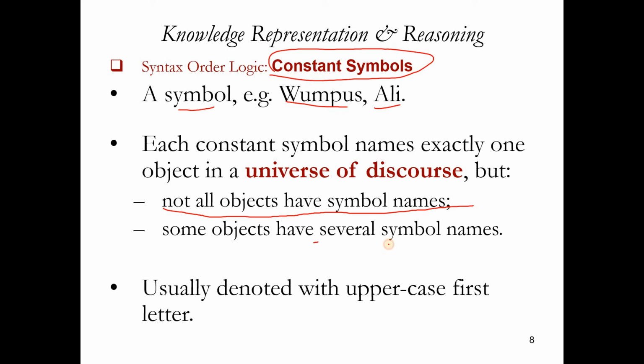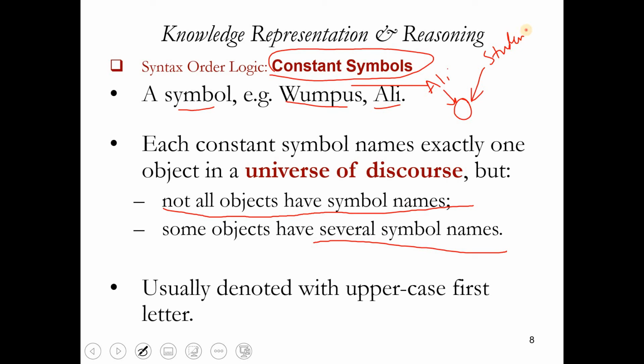Some objects may have several symbol names. This is possible. If there is a person, I can call that person by the name Ali, or I can call that person student, or there can be many symbols attached to one object. It is possible. But it is not possible that one name Ali is attached to many people.